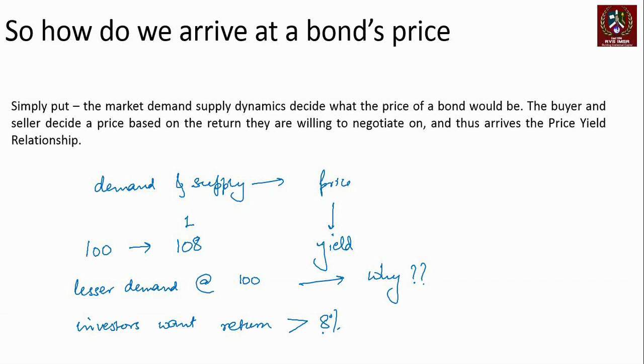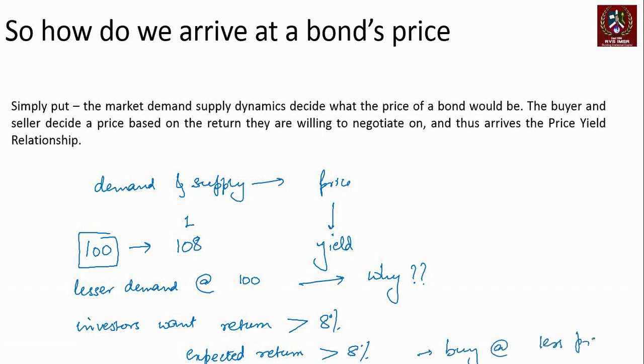In other words, if your expected return is greater than the coupon rate, then you will not buy the bond at par. You will pay less than the par value. If your expected return is greater than 8%, buy at a lower price.